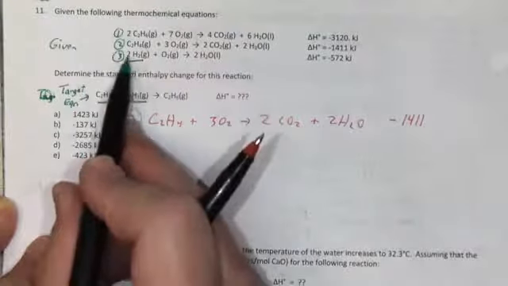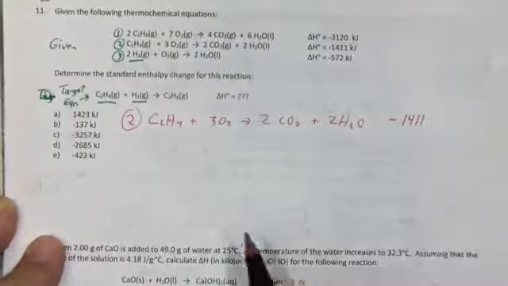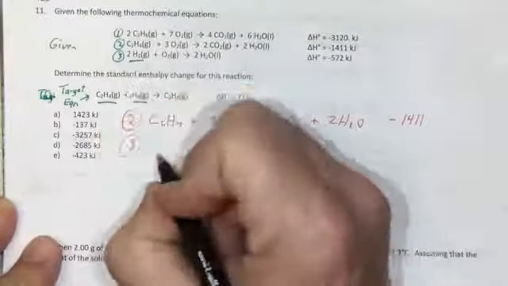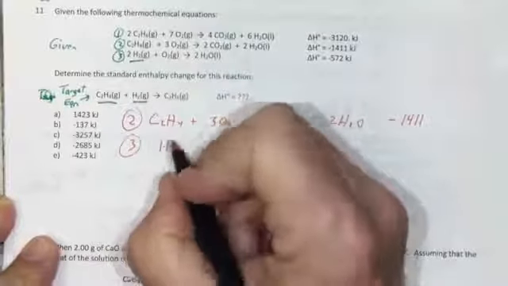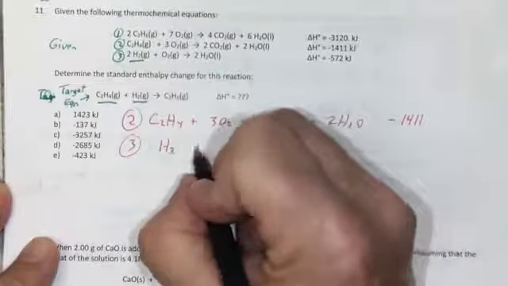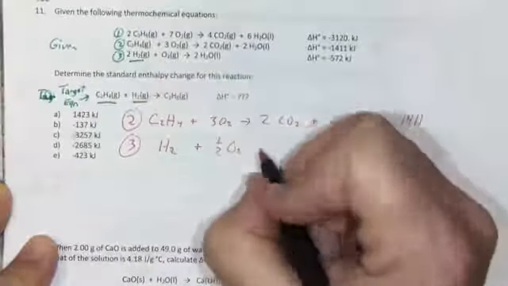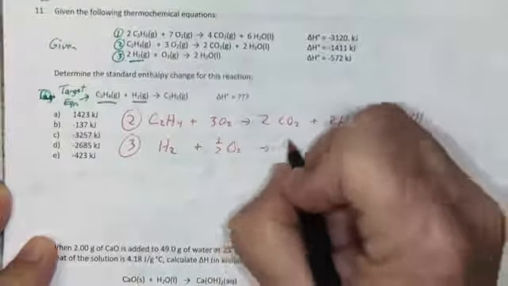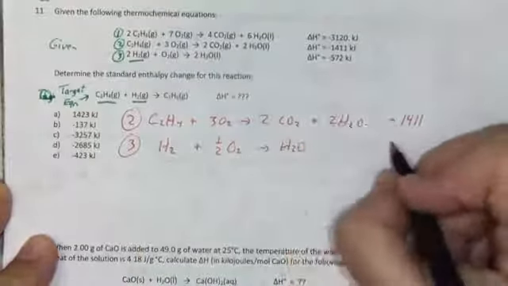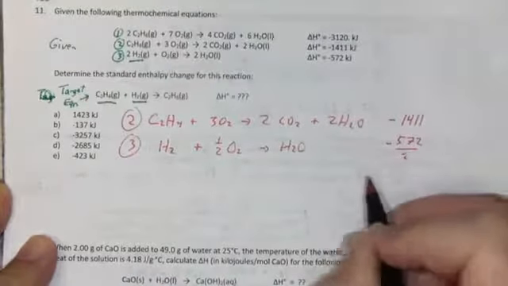So I'm going to take equation 3 and divide everything by 2, including the delta H. That gives me H2 gas plus 1/2 O2 forms H2O. I multiply each coefficient by 1/2, and the delta H is negative 572 divided by 2.